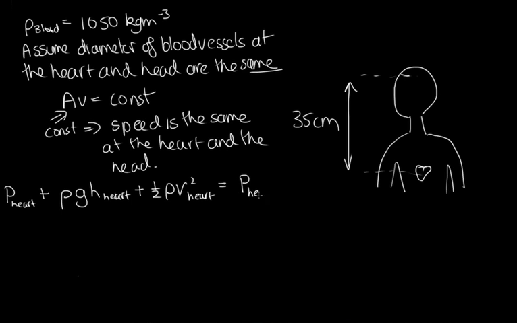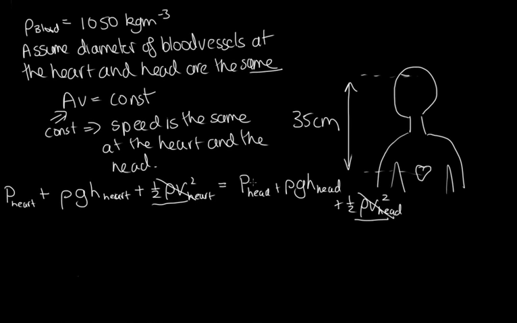So the pressure at the head plus rho g times the height of the head plus a half rho v squared at the head. Now we've just said that the speed is the same at the heart and the head, so these are the same and the density is not changing, so this term and this term are identical, and so they will cancel each other out.